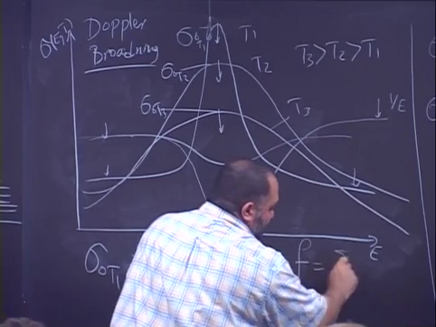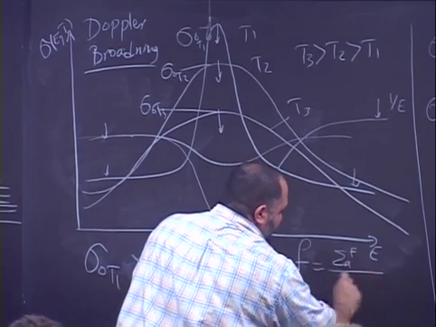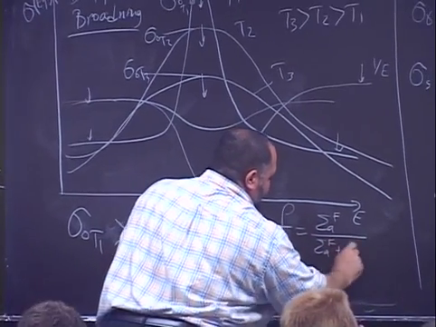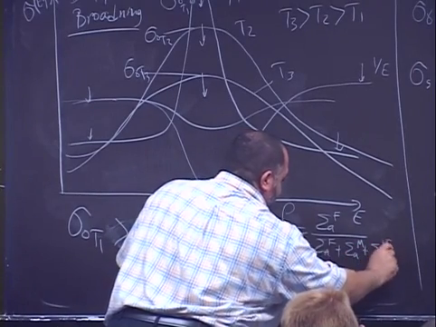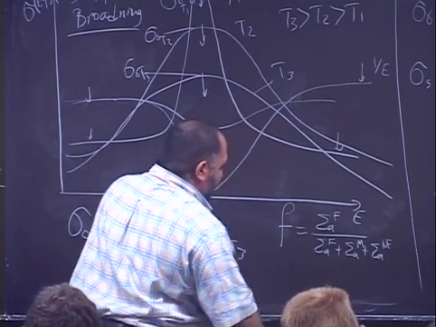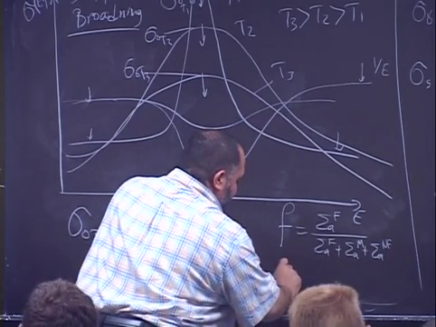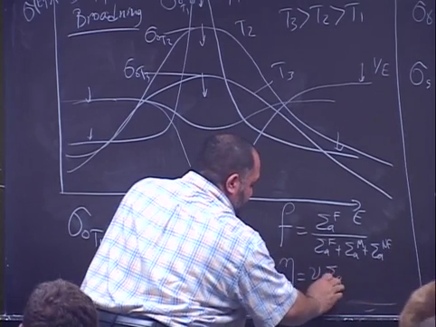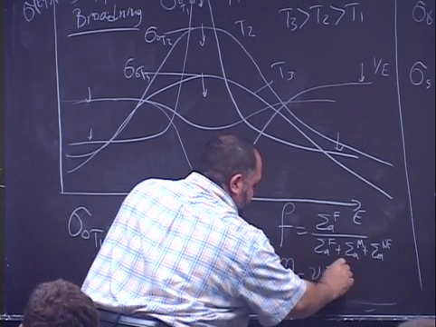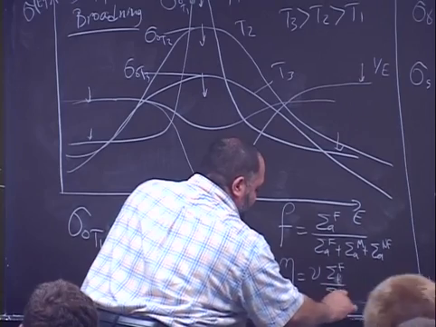f equals sigma absorption in the fuel divided by sigma absorption in the fuel plus sigma absorption in the moderator plus sigma absorption in non-fuel. Yes? And eta is just nu multiplied by sigma fission in the fuel divided by sigma absorption in the fuel.